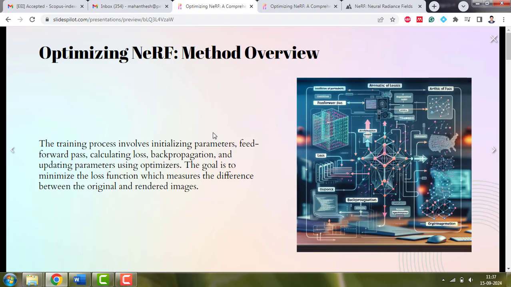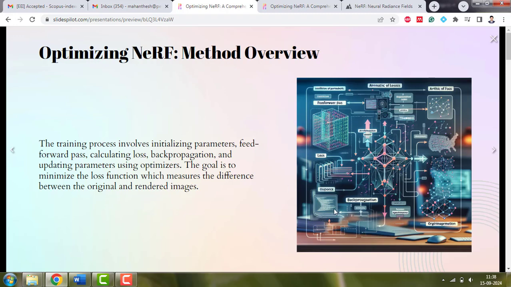The method: what exactly does it do? Normally it's a machine learning process. The training process takes the training data, which involves initializing the parameters, then the feed forward pass, then calculating the losses, and then back propagation.